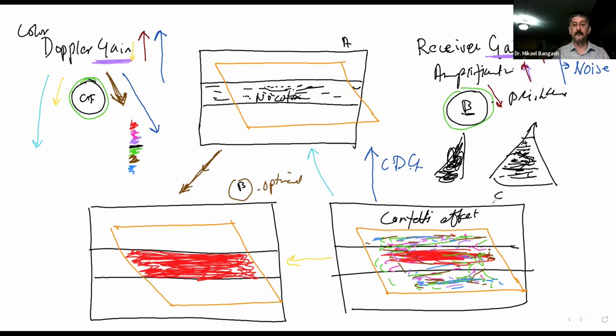Picture C, for instance. How can you correct this? Of course, decrease the color Doppler gain. They may ask what causes this to end up appearing like this, or how do you fix this to make it become this, or something like that.